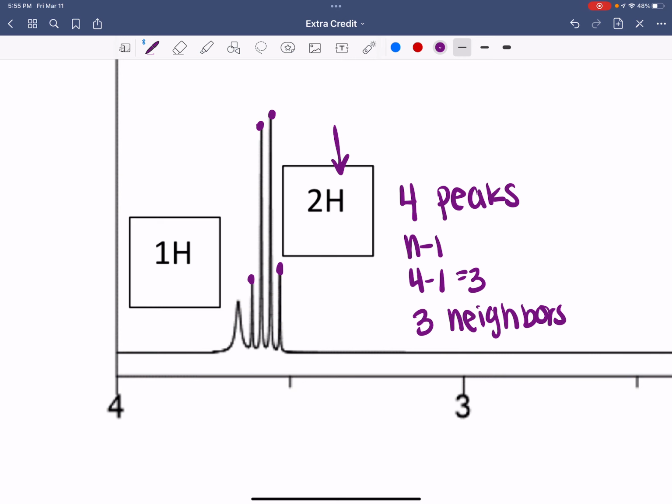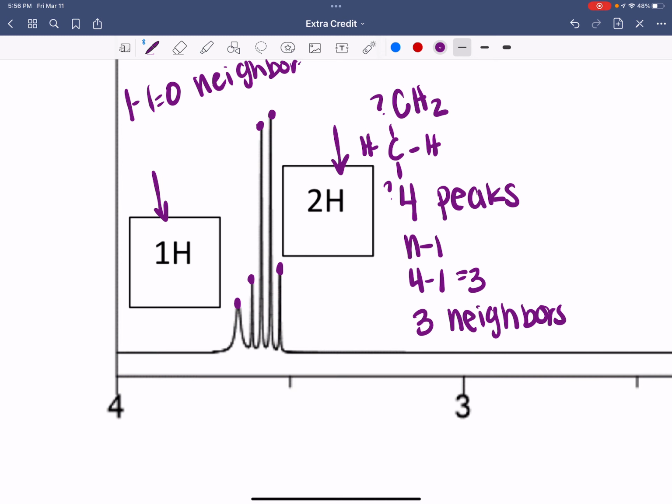The CH2 tells us that it is a CH2, or you can also just draw it out. And then this would be unknown. This one would have, since it's 1 peak, 1 minus 1 is 0, so 0 neighbors. And this would just be our OH.